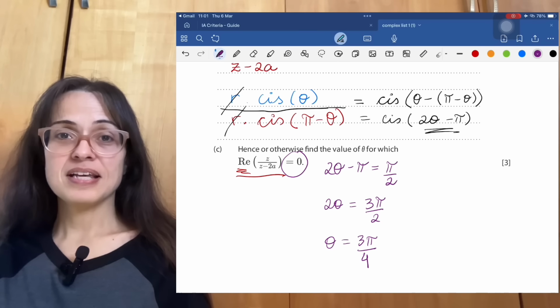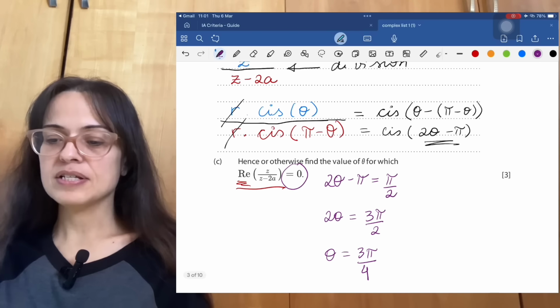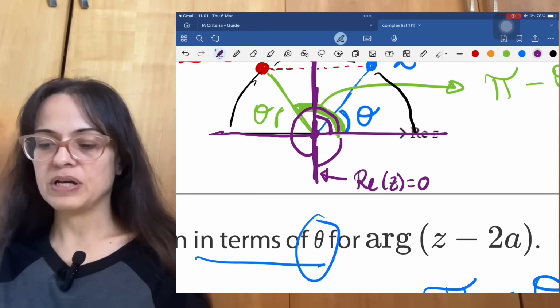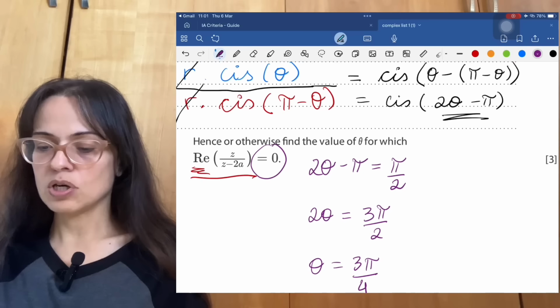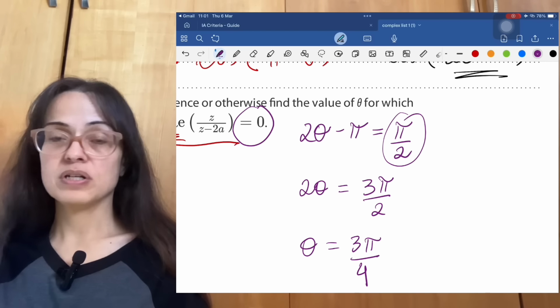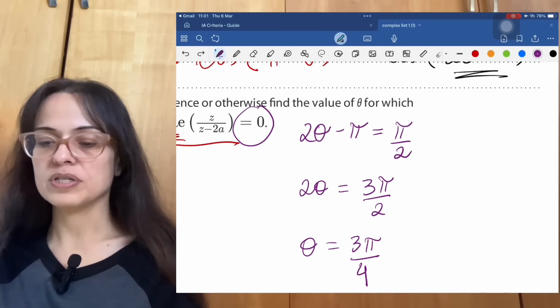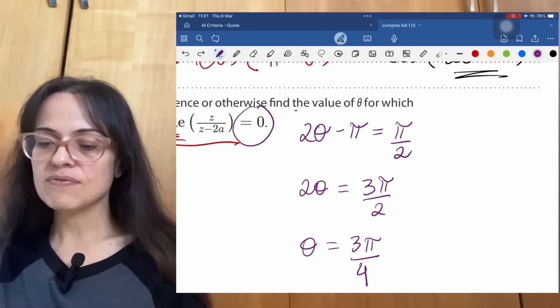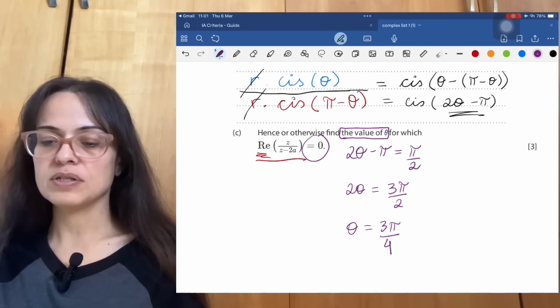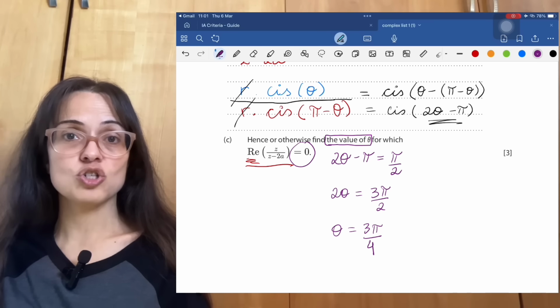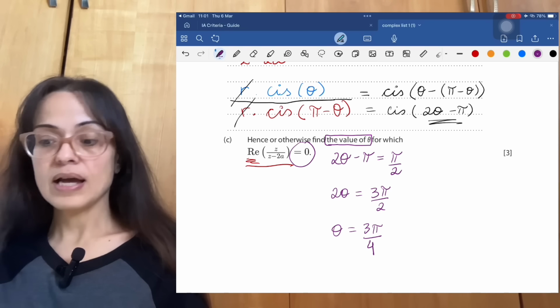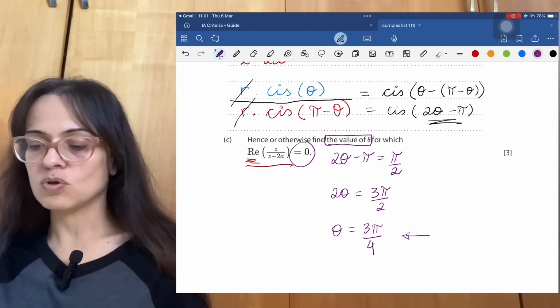But remember that I said there were multiple choices of arguments that would make the real part be equal to 0, and that I chose to start with pi over 2 because it seemed like the most obvious choice. But the question does say find the value. He doesn't leave the possibility open for there to be multiple correct answers. It's just one correct answer. So I have to check if this one is the correct answer.